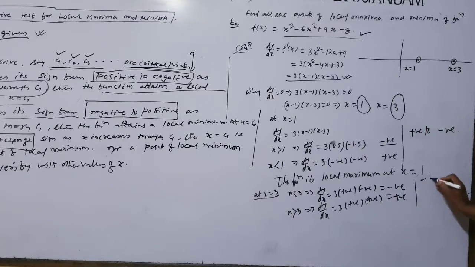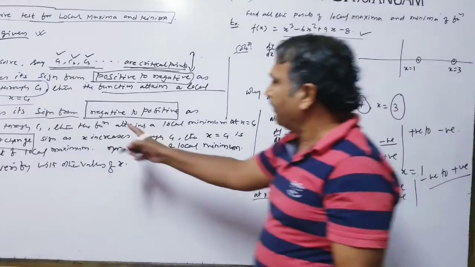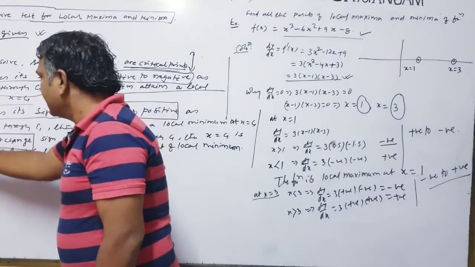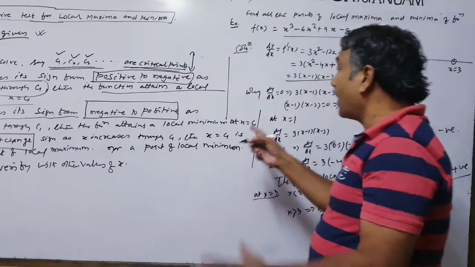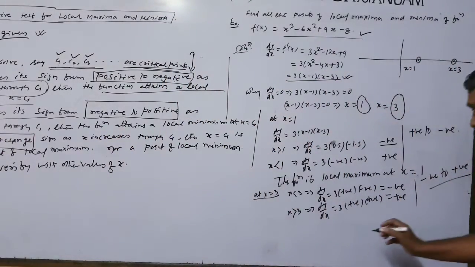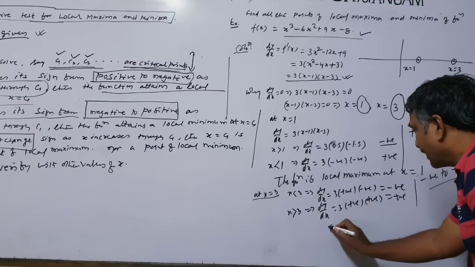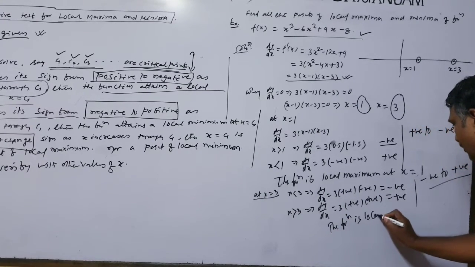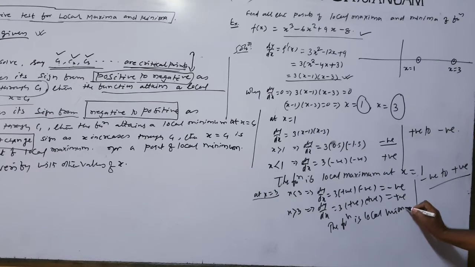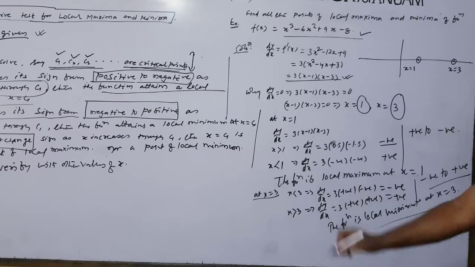So negative to positive. When negative to positive as x increases through c1, then the function attains a local minimum. So the function is local minima or local minimum at x equal to 3. Okay.